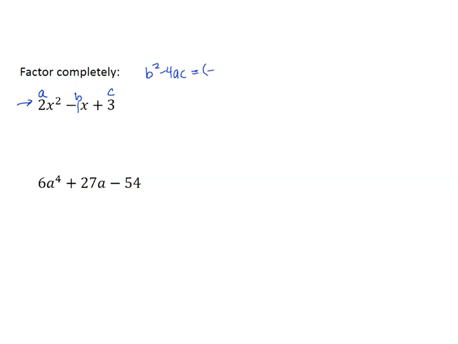So I would get b squared would be negative 1 squared minus 4 times 2 times 3. That equals 1 minus 8 times 3 is 24, which is negative 23. This cannot be factored. It's prime.